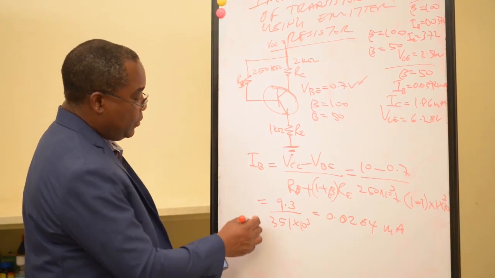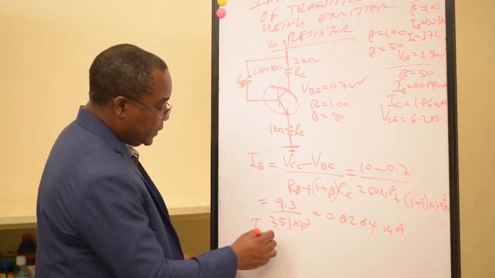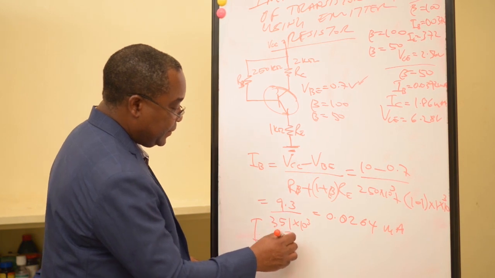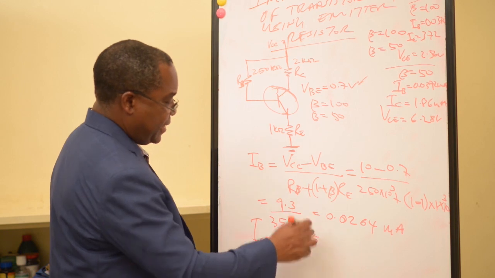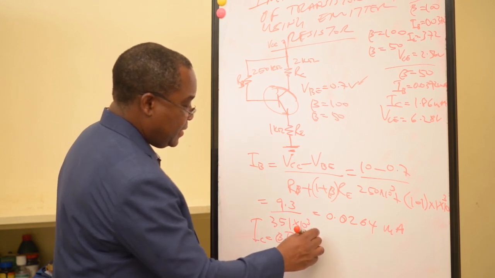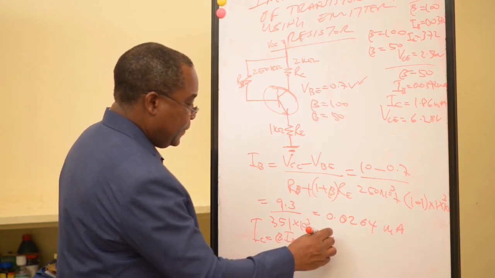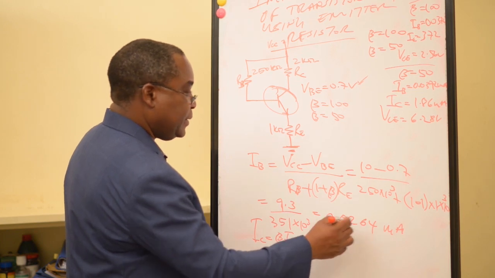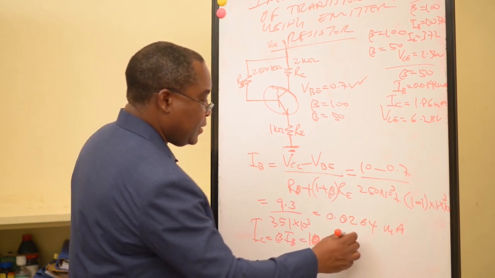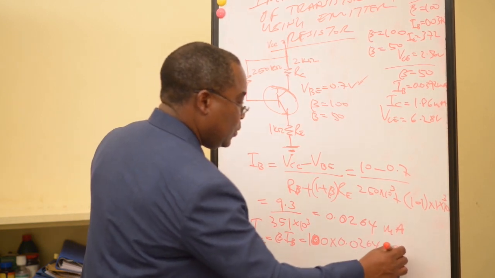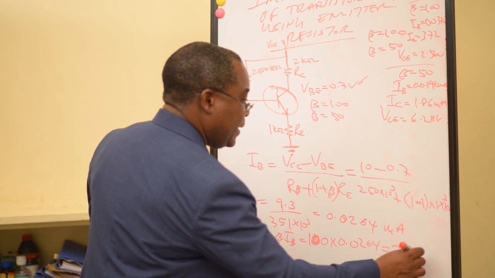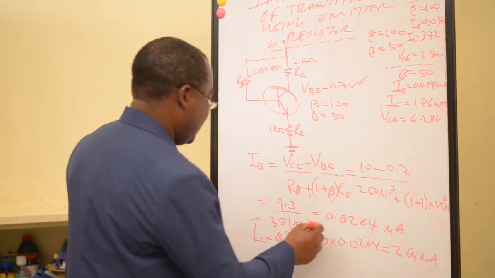Then we have to look for IC, which is beta times IB. Our beta here is 100, it's the first scenario, times IB, which is 0.0264, which is equal to 2.64 milliampere. This is our IC.